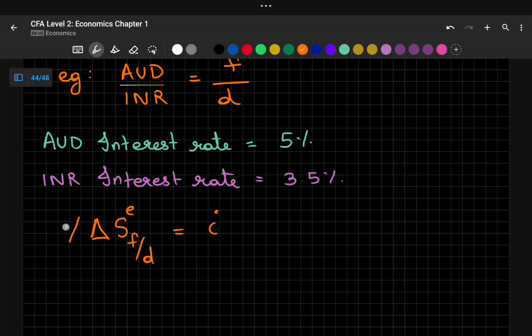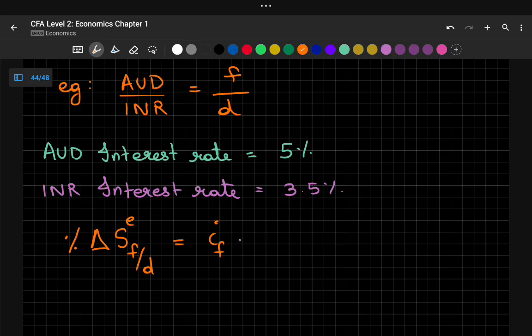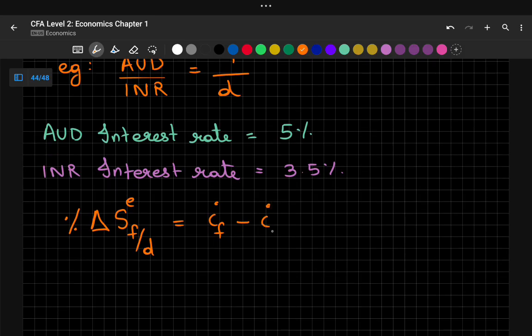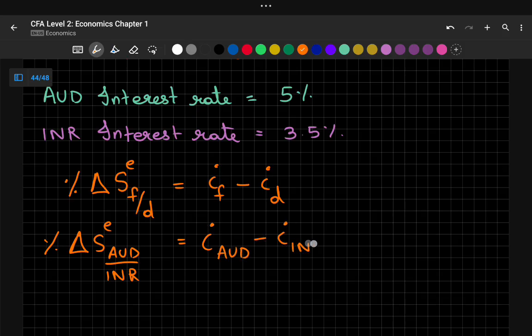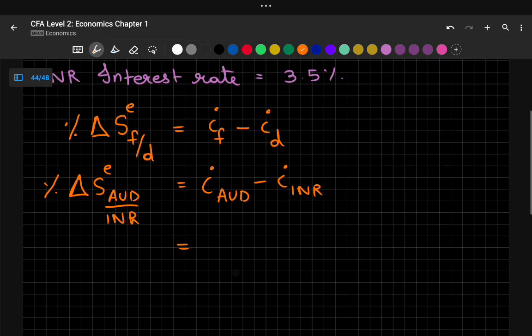So the change in expected spot exchange rate should be equal to the interest rate differential between AUD and INR, and this is equal to 5% minus 3.5%, which would be equal to 1.5%.